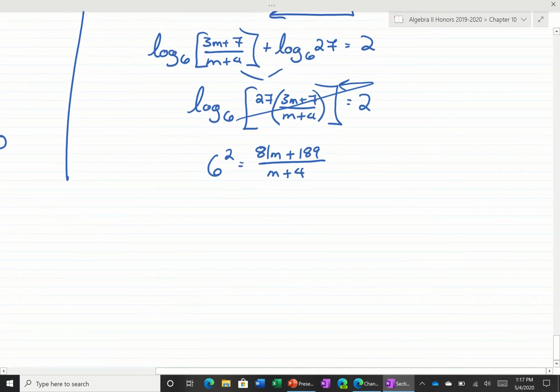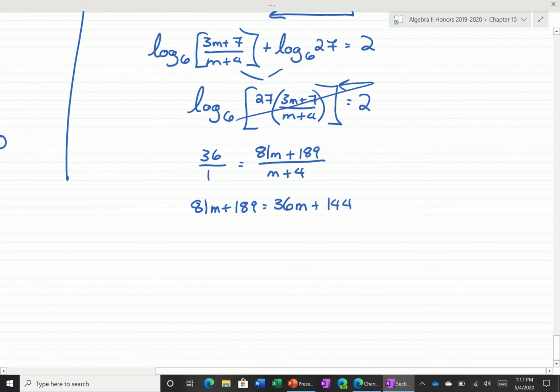6 to the second is really just 36. And at this step, we're going to get some big numbers, but I'm going to cross multiply to solve our proportion. 81m + 189 is equal to 36 times (m + 4). 36 times 2 is 72, times 2 is 144.